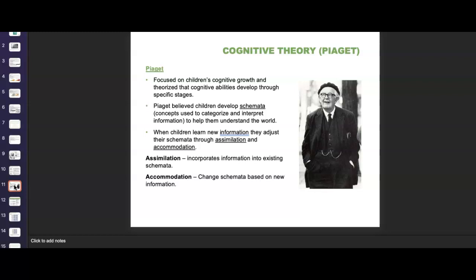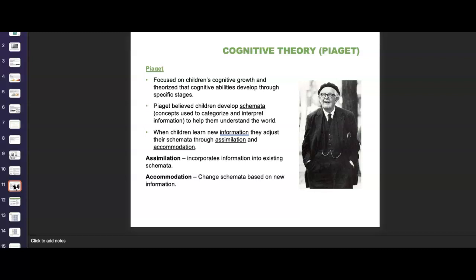But he focused on children's cognitive growth and theorized that cognitive abilities develop through specific ages. He was the first to develop schemata, concepts used to categorize and interpret information, to help them understand the world.